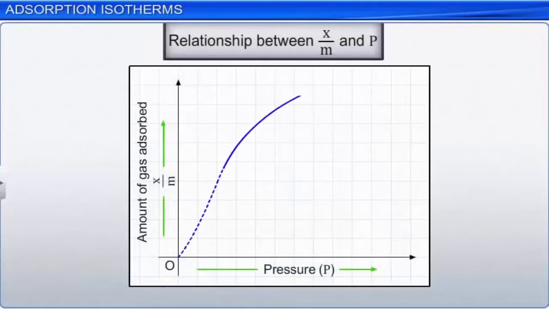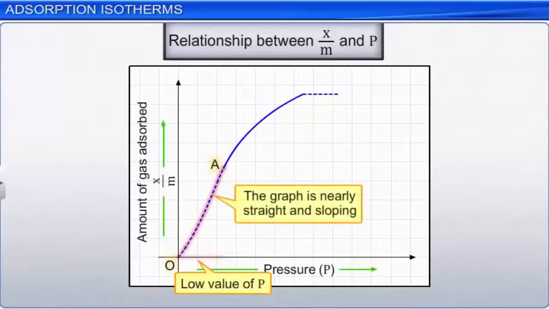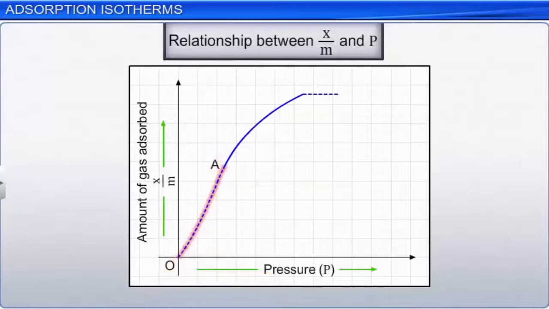If you look at the curve carefully, you will observe that at a low value of equilibrium pressure, part OA of the curve is nearly straight and sloping. Therefore, for part OA of the curve, the relationship between pressure and quantity adsorbed can be represented by the equation x/m ∝ P^1.